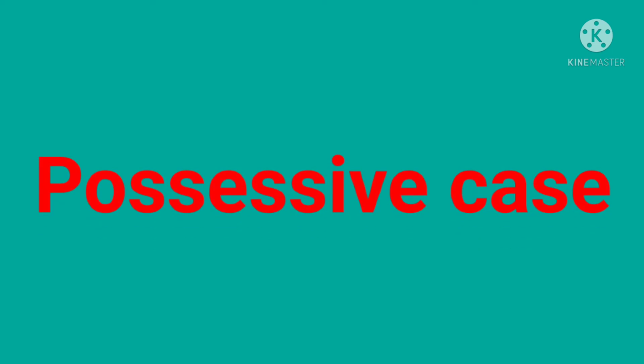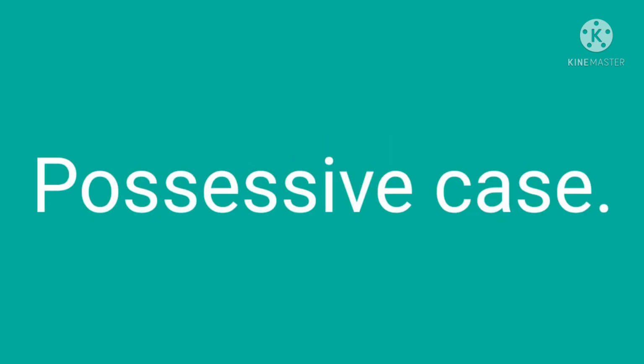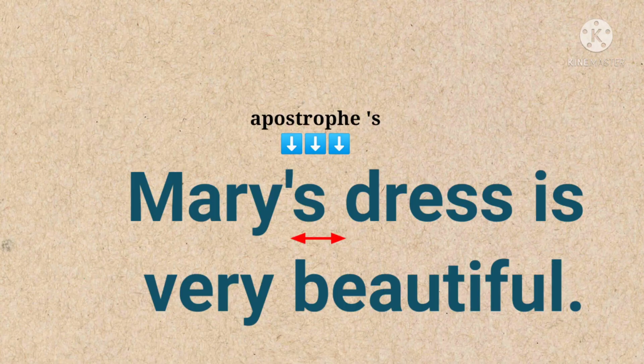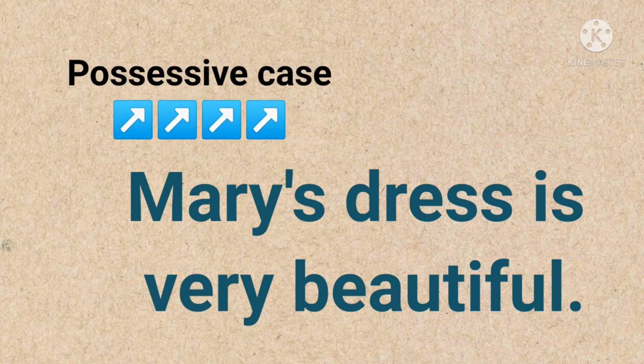Next, let's learn about possessive case. A noun or a pronoun that shows possession or ownership is said to be in the possessive case. See, an apostrophe s is used in the noun to show possession or ownership, and that noun is called possessive case.